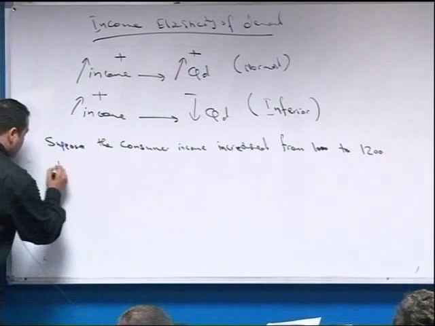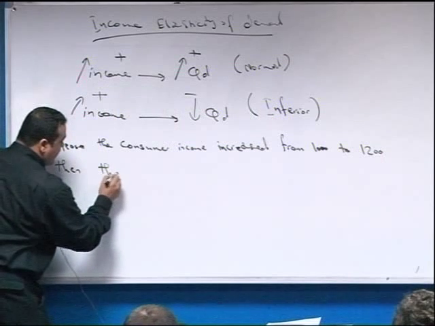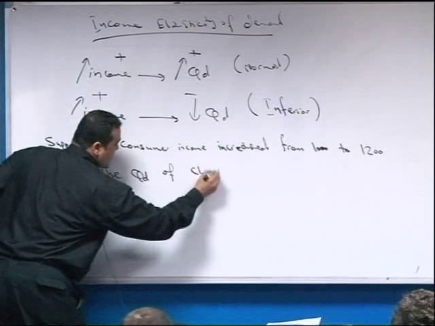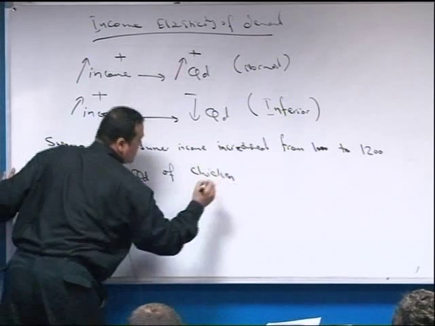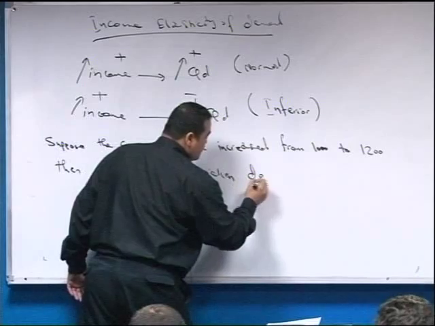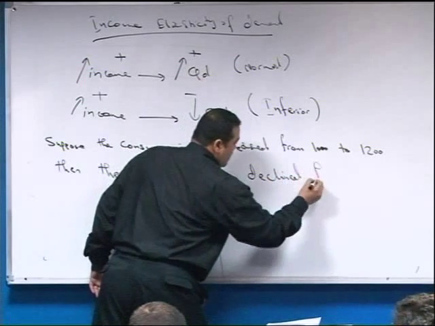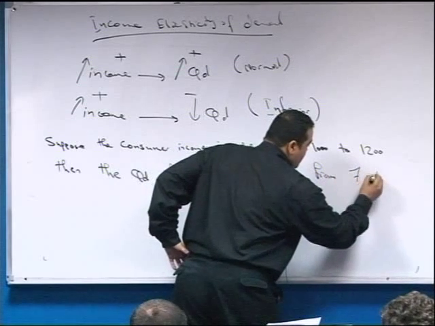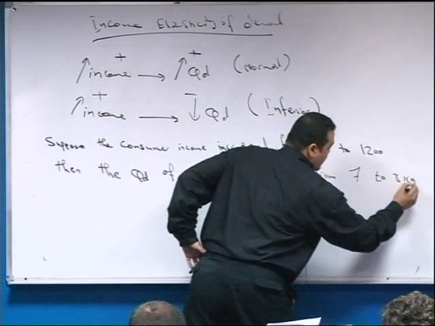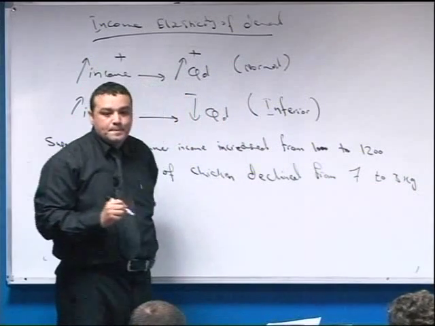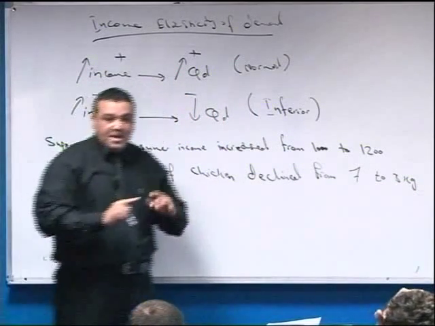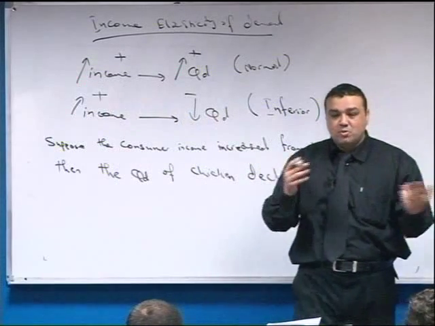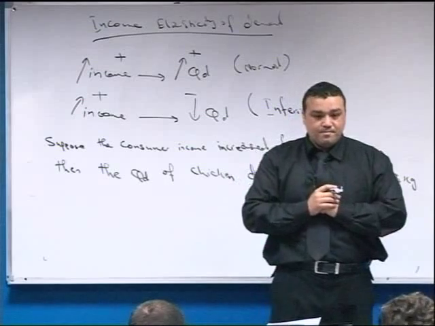Then the quantity demanded of chicken declined from 7 to 3 kilograms a week. Calculate the income elasticity of demand and state the type of the product.